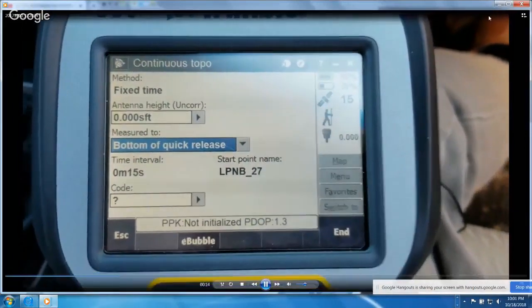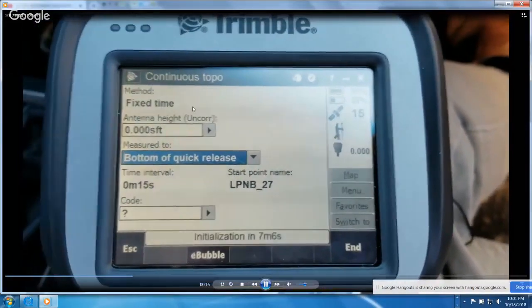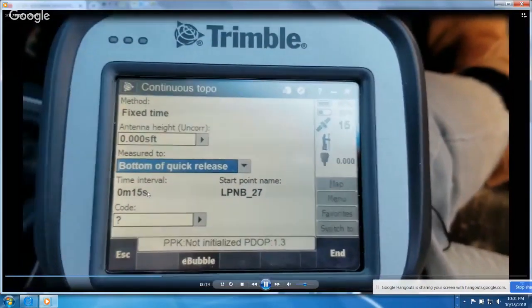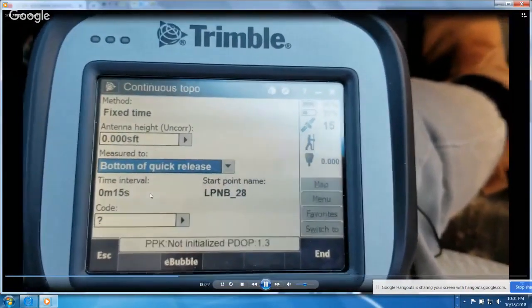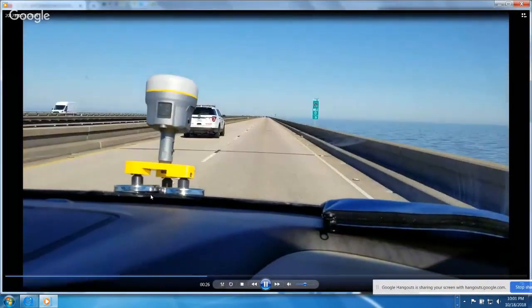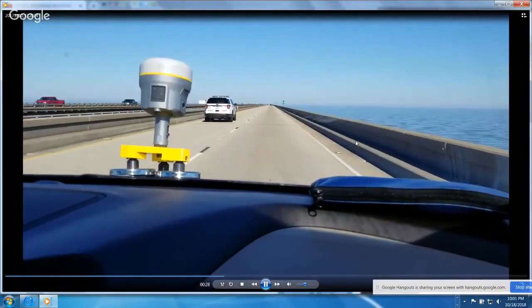So I've set it at fixed time every 15 seconds, so it takes a GPS reading every 15 seconds.